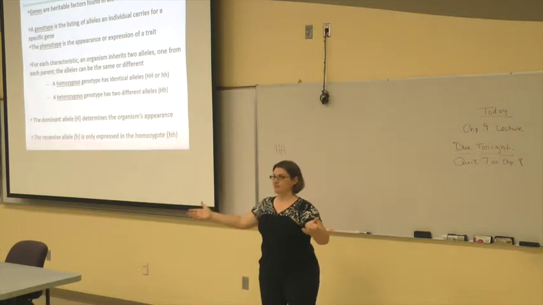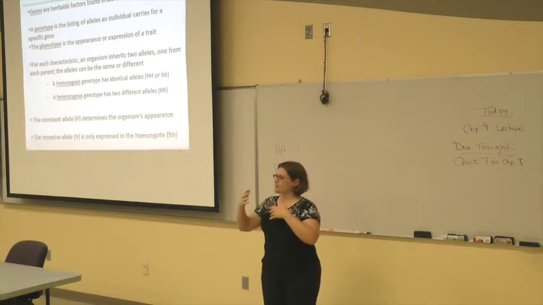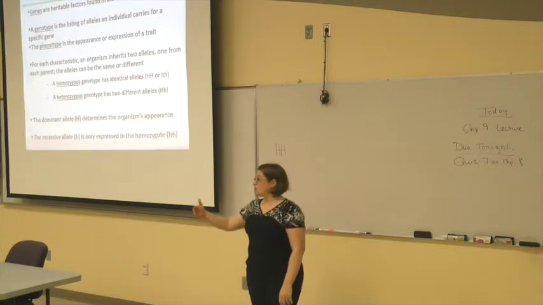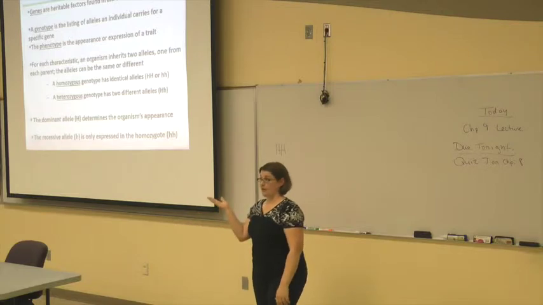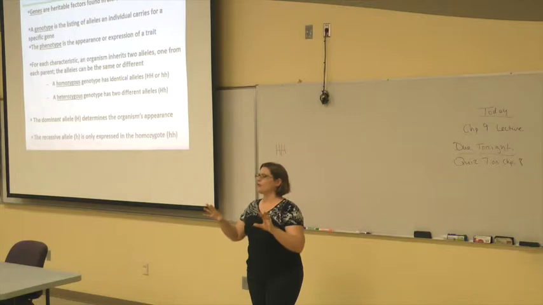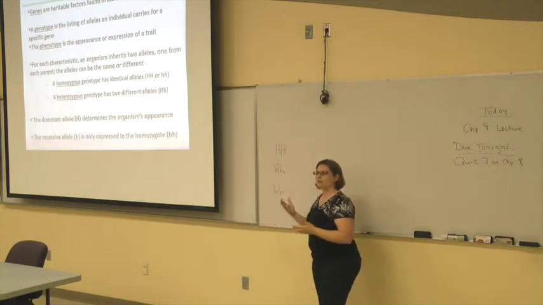H for height. These letters that we use are pretty random. They're basically something that helps you think about a certain trait. So if I want to talk about your height, your stature, I can use H's. But I could also use H's to talk about hair. So don't be too concerned about what letters we use for things. You could really use whatever letters you like, but generally we use the ones that make sense for the trait that we're talking about.